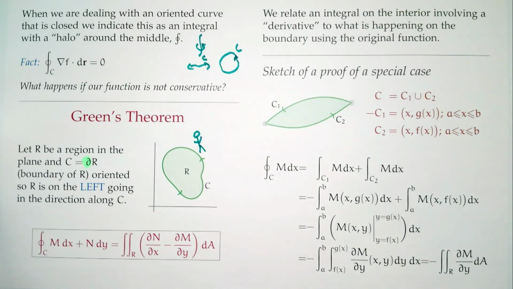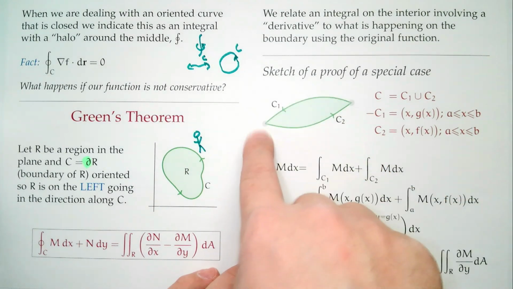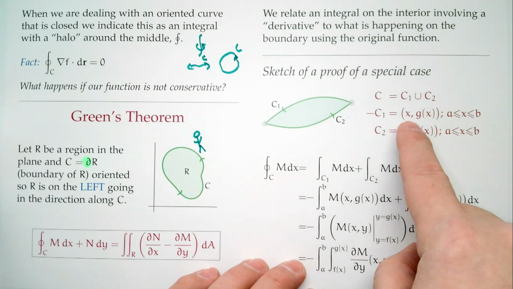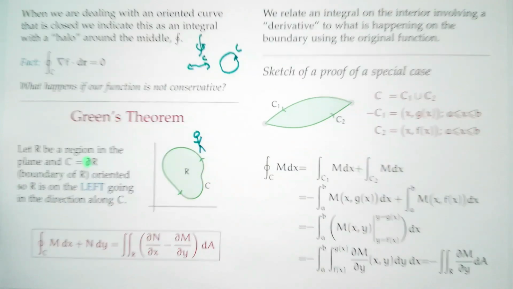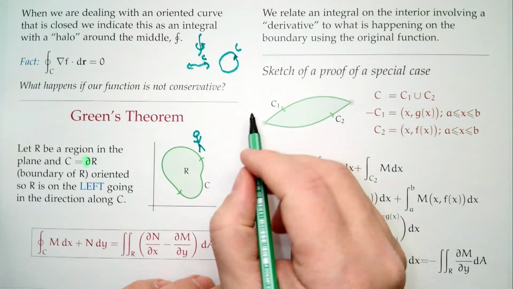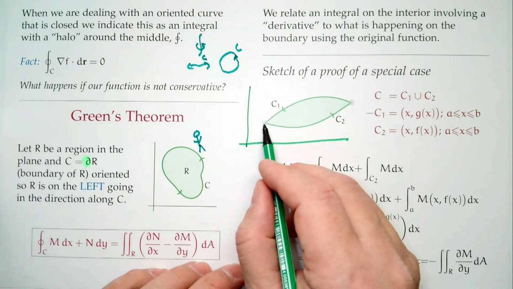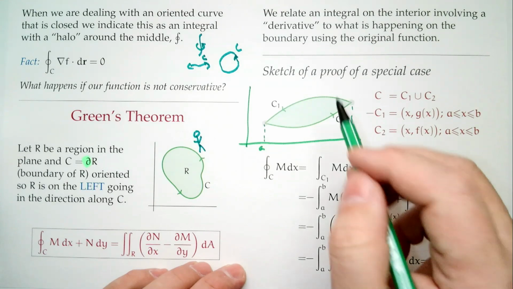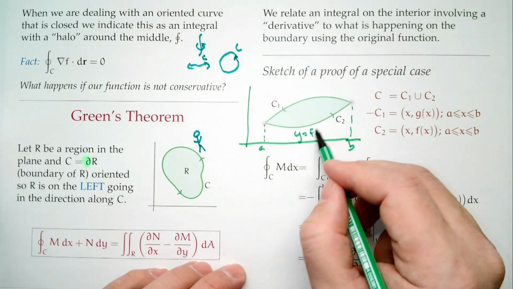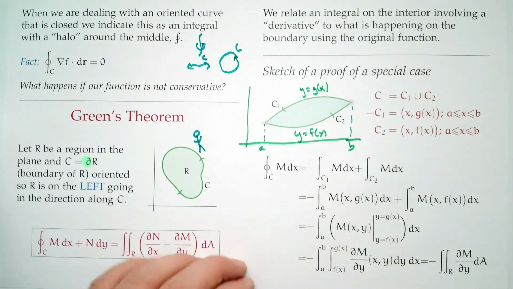So negative C1 would go from left to right, whereas C1 should go from right to left. And I'm thinking of this as x, g of x, goes from a to b. So in particular, I have this set in the plane. Here's a, here's b, and then I have this lower curve y equals f of x, and this upper curve y equals g of x.